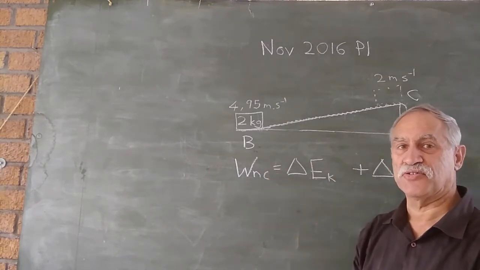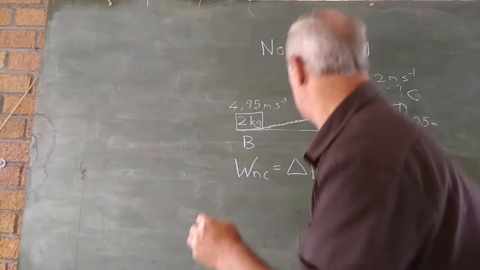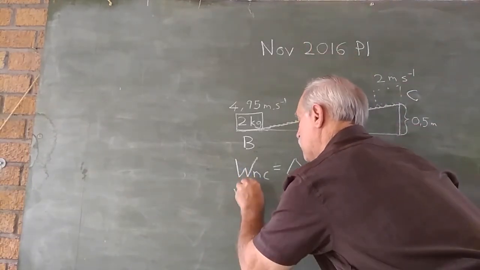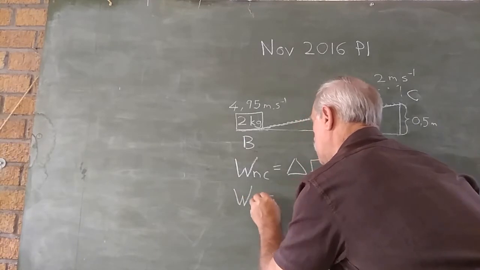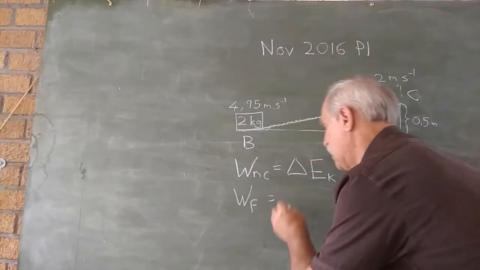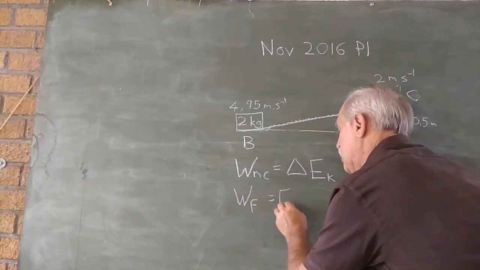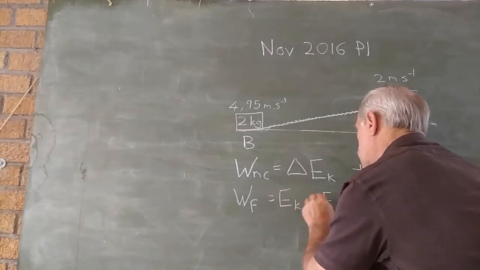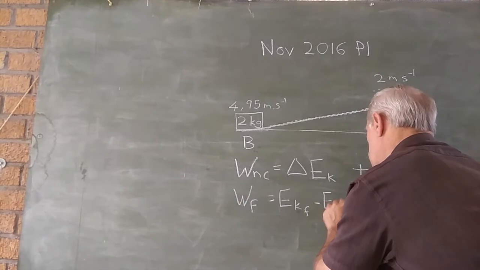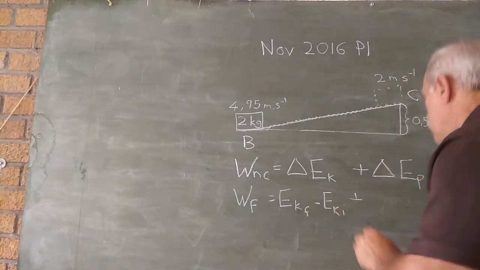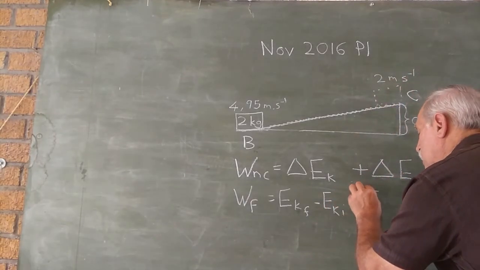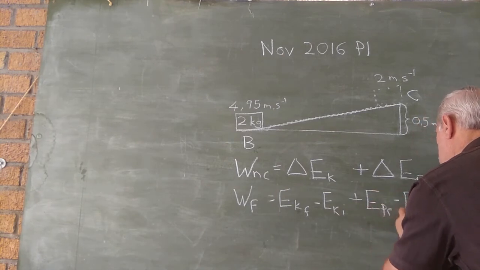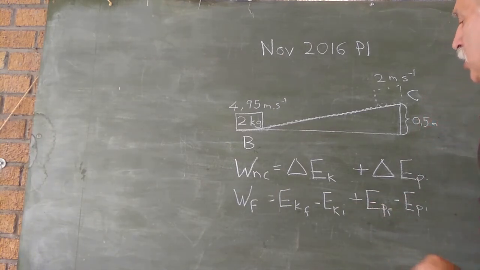Let's work it out. So let's just unpack some of these things. Work non-conservative, work done by friction, equals, what's the change of kinetic energy? It's going to be EK final minus EK initial plus change of potential energy, EP final minus EP initial.